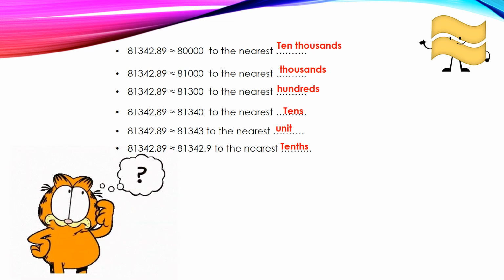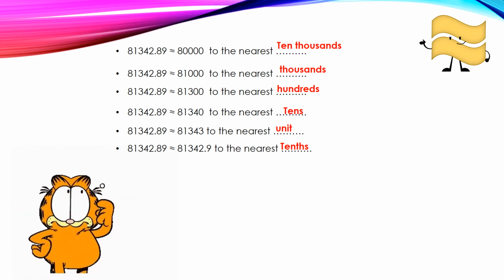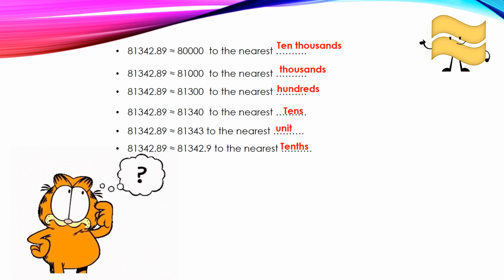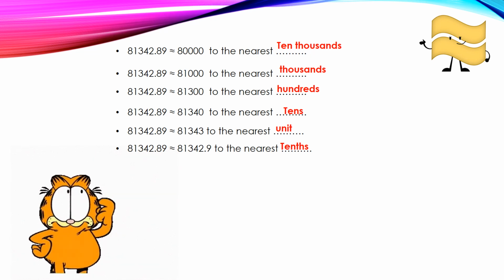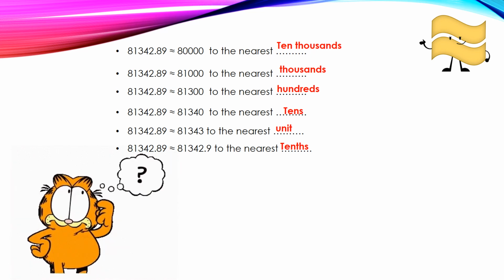Here, the first question: 81,342 and 89 hundredths. He approximates, so the answer will be 80,000. Okay? He wants to know, I approximated to the nearest what? Count the digits. How many zeros do I have in 80,000? 1, 2, 3, 4. 4 zeros.